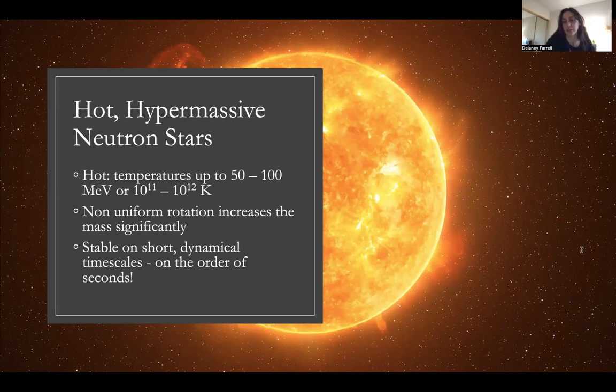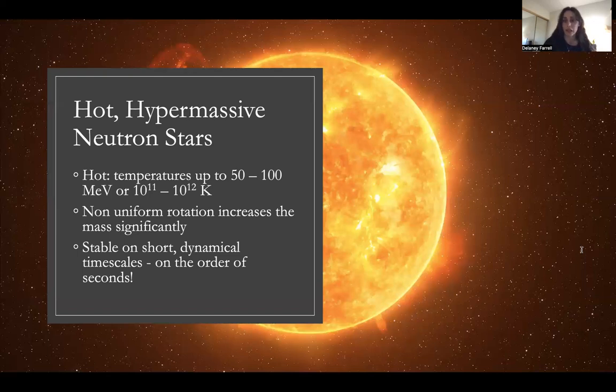These stars are likely to be rotating non-uniformly or differentially, meaning that the rotational frequency within the star is not constant. And this type of rotation supports extremely high masses, well beyond the maximum mass of a uniformly rotating neutron star. Both the increase in temperature and differential rotation are characteristics that are not seen in typical neutron stars.